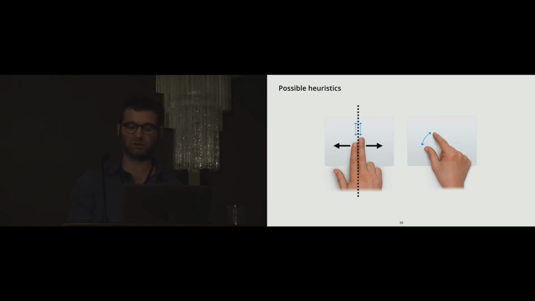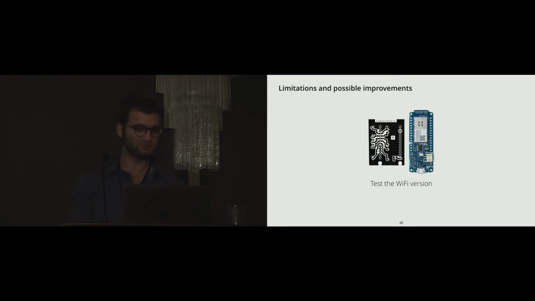The leftmost contact would be associated with the leftmost finger, and the second contact would be associated with the remaining finger. For rotational gesture, the Y position could be used. The downmost contact would be associated with the leftmost finger if we are using the right hand, or the rightmost finger if we are using the left hand.